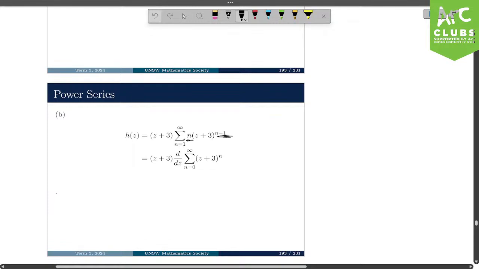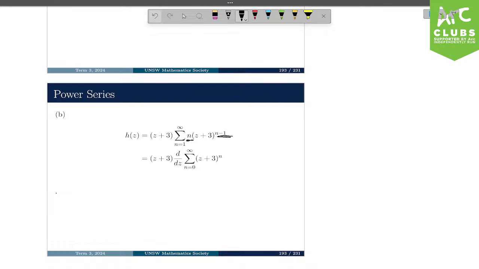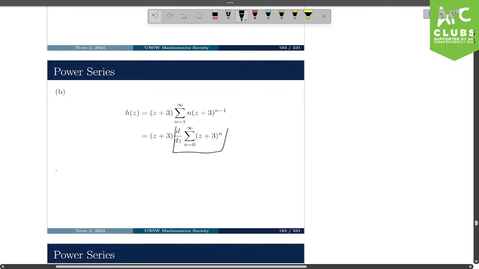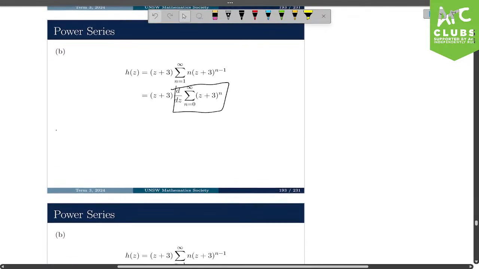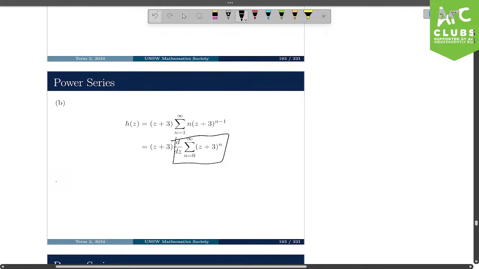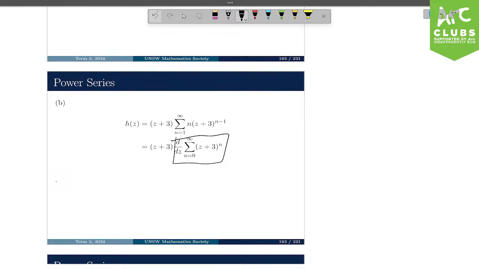There's an n minus 1 over here that we can introduce, and derivative and integration becomes our best friend. So we just call it the derivative of z plus 3 to the power of n inside that summation. Note that the power values change. That is just something a little bit important to think about, because when n is 0, it's just 1, which is just your original.